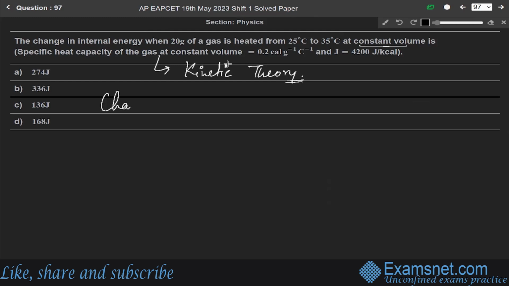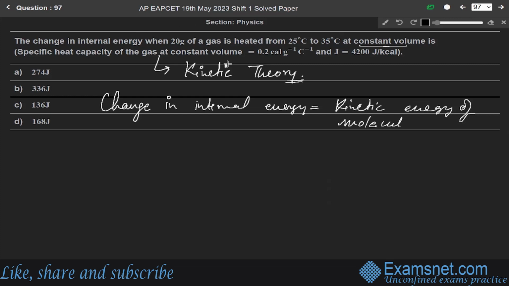Sorry, the change in internal energy of the gas at constant volume. So at constant volume, it will be equal to delta U, meaning M Cp delta T. Okay.